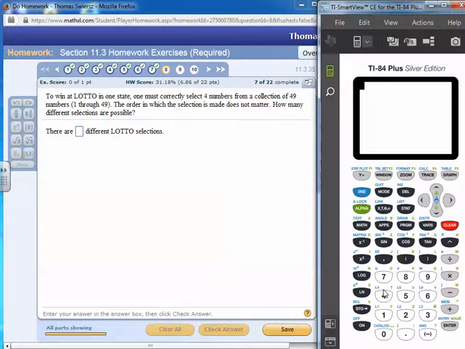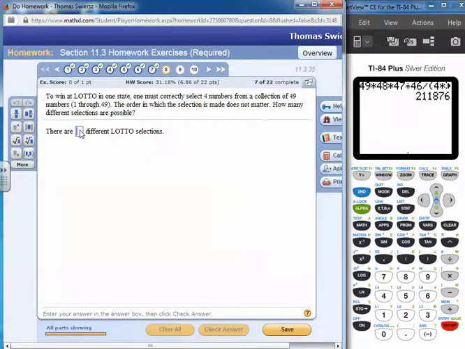I probably put in the wrong key. 49 times 48 times 47 times 46, and 45 factorial canceled. Divided by the whole quantity in parentheses, 4 times 3 times 2 times 1. Hopefully I got it right this time. 211,876.